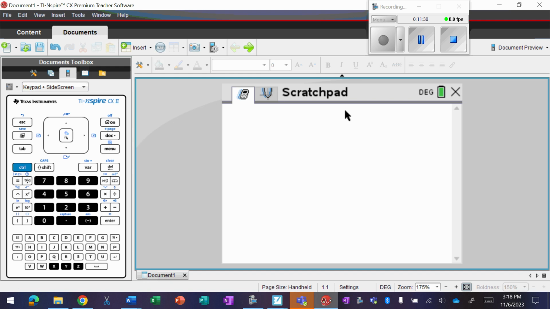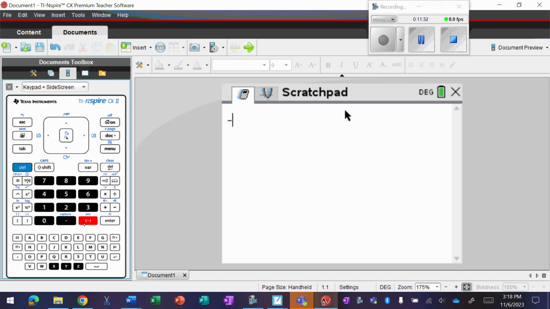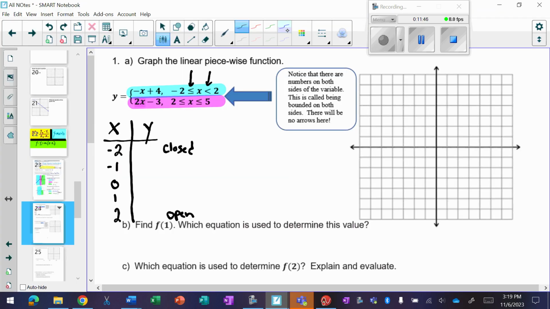So that's going to look like negative x, which is replaced with the negative 2, and then plus 4. Enter, and we get an answer of 6. That means the first number in my list over here is 6.